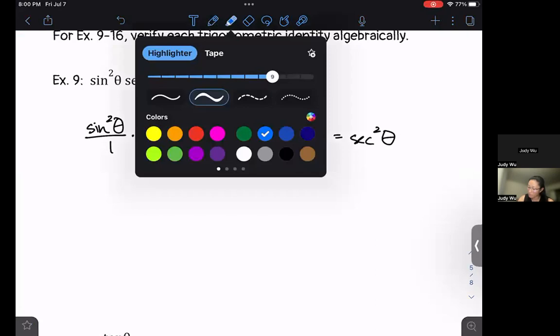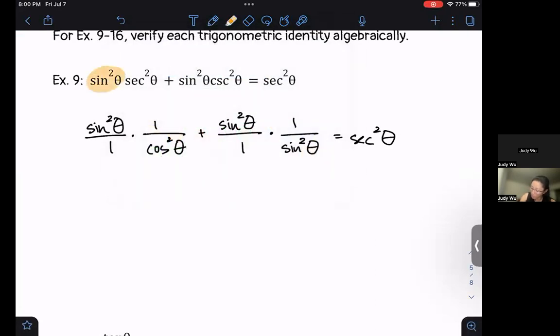Okay, now if the color coding is helpful for you, right, we might want to do this and this and this and this, just to kind of keep track of what's going where.